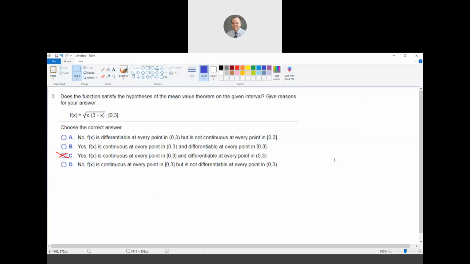Does the function satisfy the hypotheses of the mean value theorem on the given interval? Give reasons for your answer. So we're given f of x is equal to the square root of, this is all under the radical, x times, in parentheses, 3 minus x, from the closed interval a, b, going from 0 to 3.